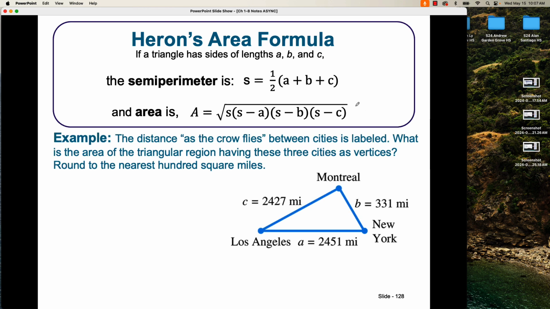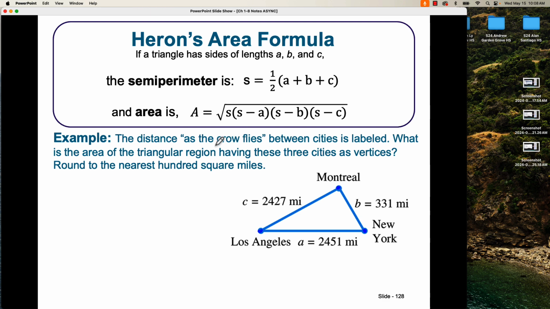Let's use this example. The distance, as the crow flies, between cities is labeled. What is the area of the triangular region having these three cities as vertices? Round to the nearest 100 square miles. All right, so we have Los Angeles, Montreal, and New York.